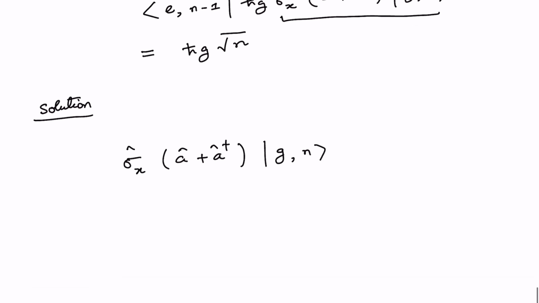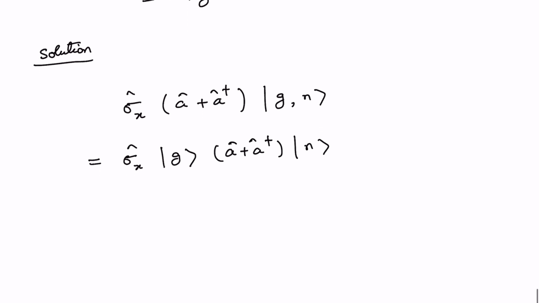This sigma x is going to operate on the atom part, that is your ket g, and a plus a dagger, which is coming from the harmonic oscillator, is going to act on the number state ket n.